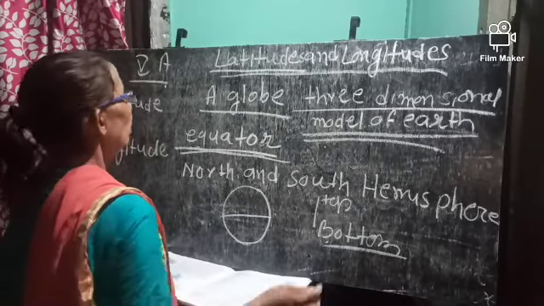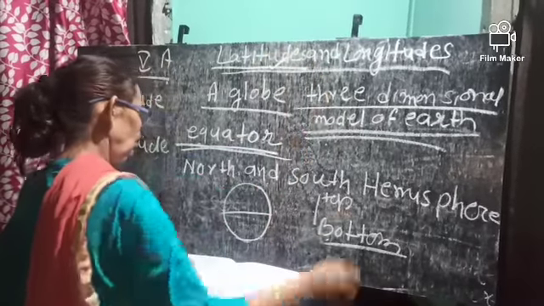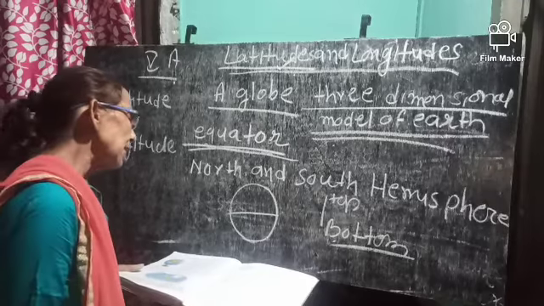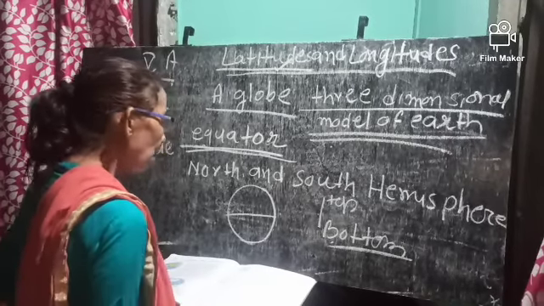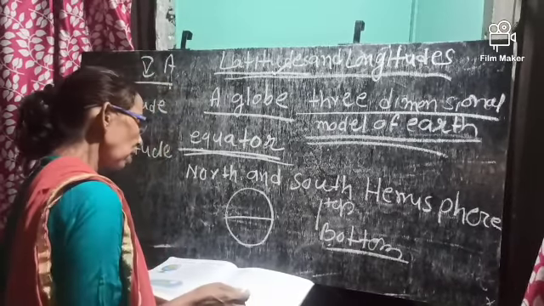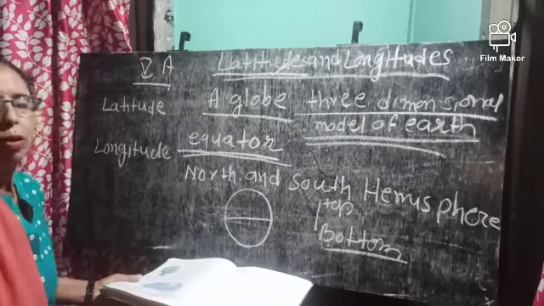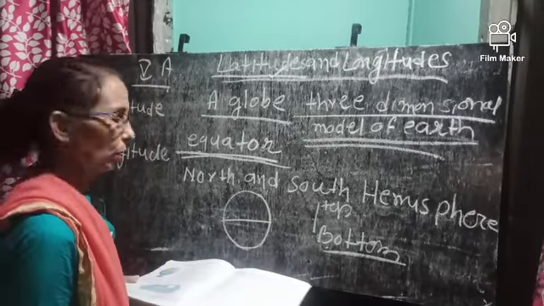Now we see latitude. What is latitude? The imaginary circular lines parallel to the equator running east-west around the globe are called the latitudes or parallels of latitude.